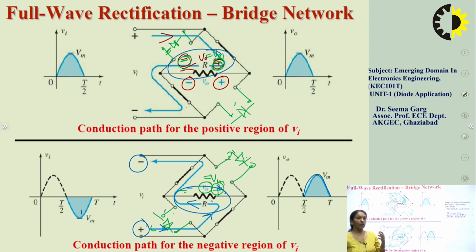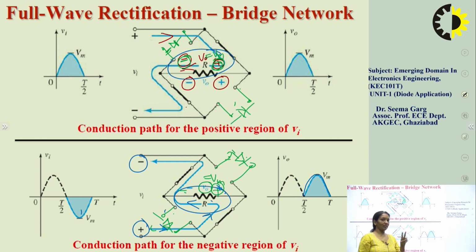So either you have to use a diode with a very high peak inverse voltage specification, which makes your diode expensive, or if you are using the same diode with the same specification in the center tap rectifier or the bridge rectifier, then of course the bridge rectifier is a better option than the center tap rectifier.